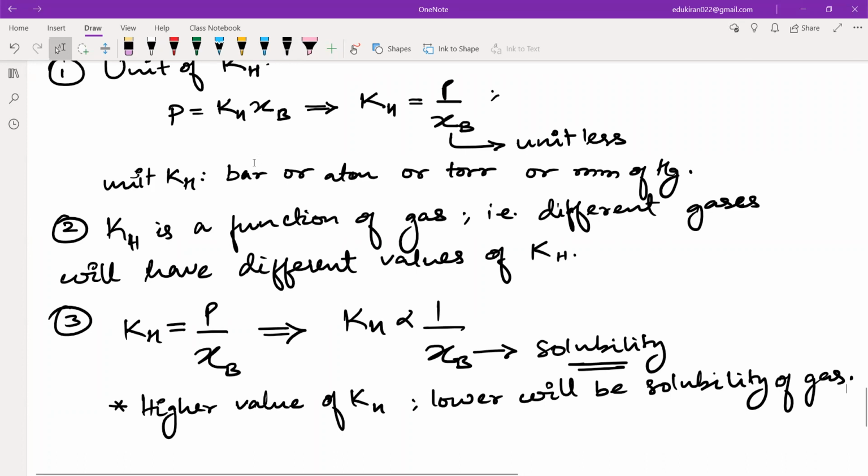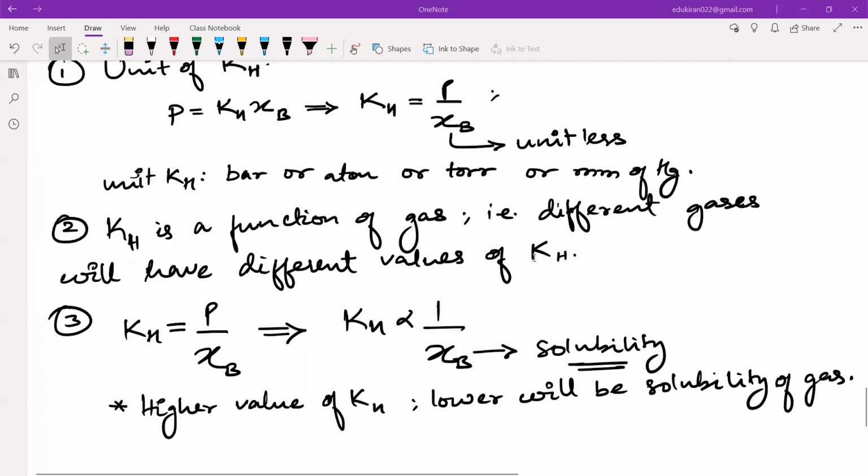We haven't talked about temperature yet. We are going to talk about temperature now.